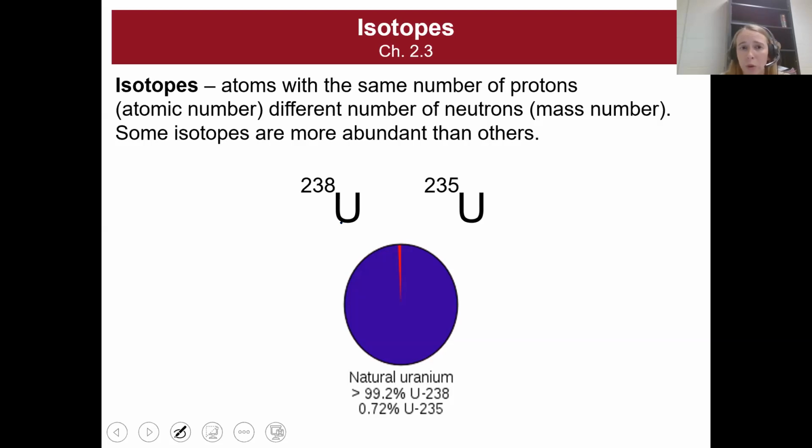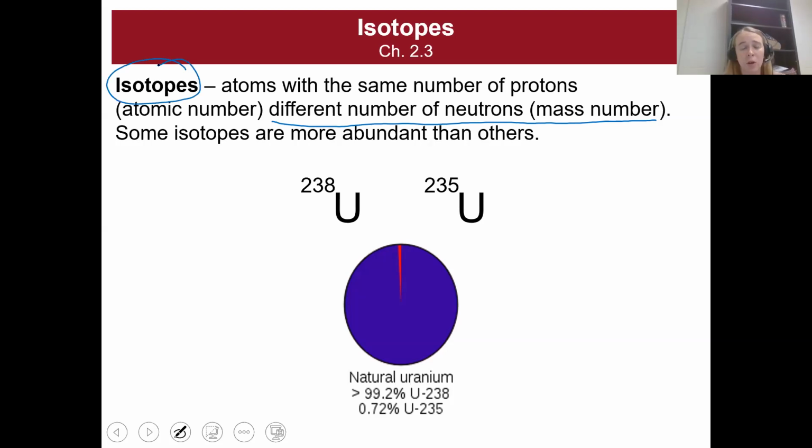But knowing what we know now, we know that atoms of the same element can be a little bit different. They can have a different number of neutrons, which means they'll have a different mass number. And we call those isotopes.